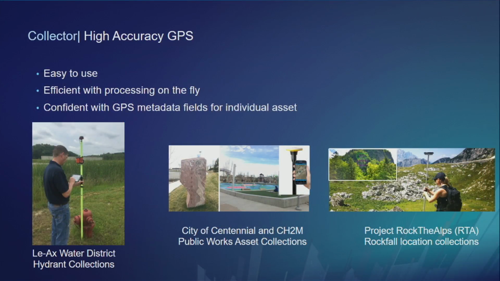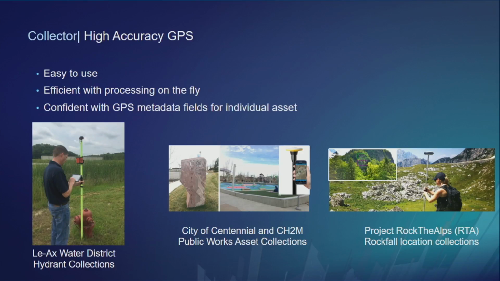From a high-accuracy perspective, Collector provides some unique benefits. First, it's easy to use. Travis from the DX water district, whose field crew doesn't have strong knowledge about GPS and GIS, joined our Collector high-accuracy beta early on, maybe two years ago.